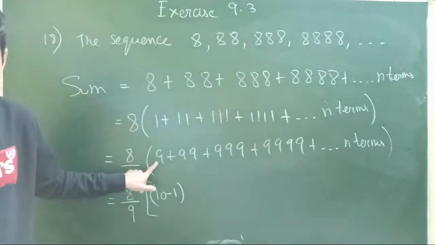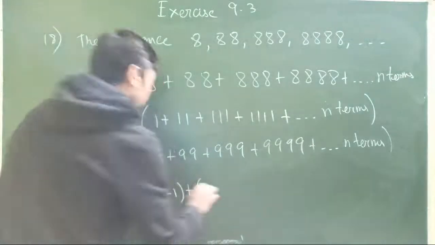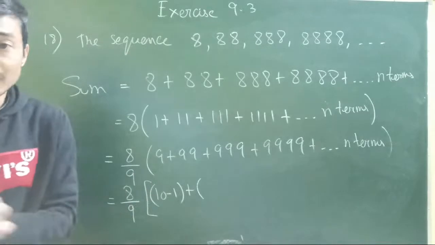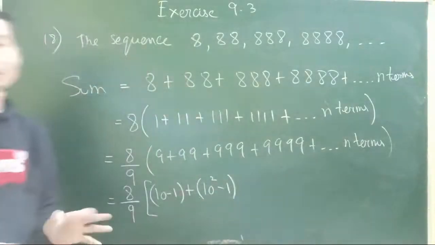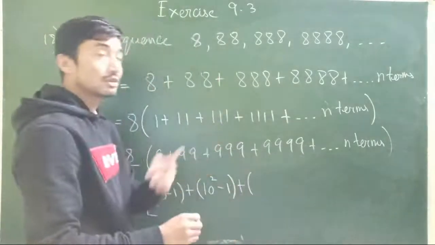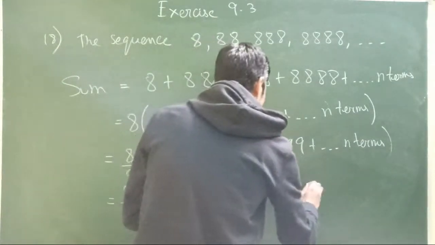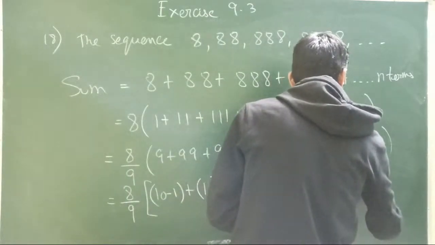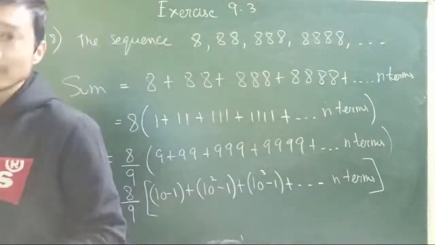I guess that's fine. 9 I can write as 10 minus 1. 99 I can write as 100 minus 1. 100 means 10 square. 999 is 1000 minus 1, so 1000 means 10 cube. So 10 cube minus 1, plus up to n terms. I guess you're slowly getting the feel of what we're trying to do here.